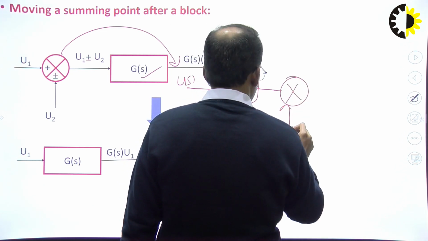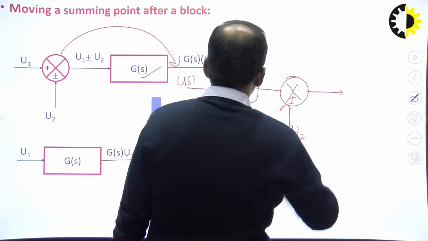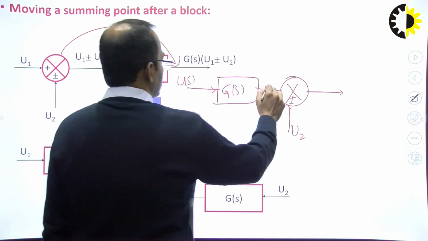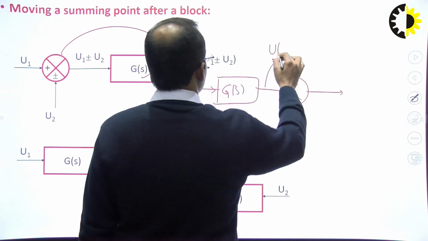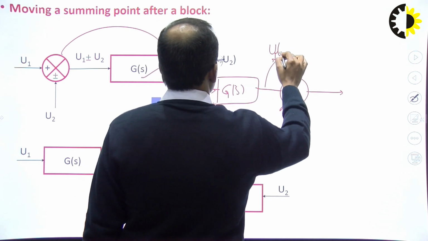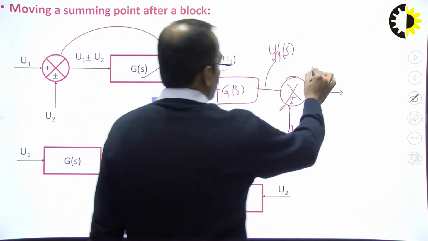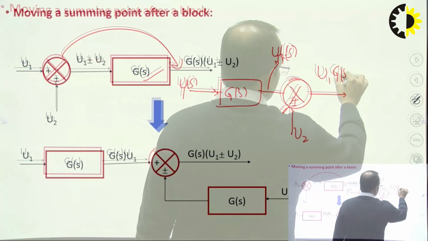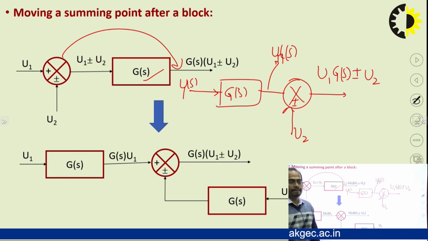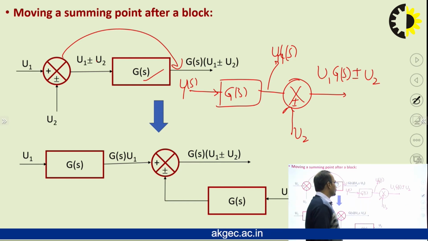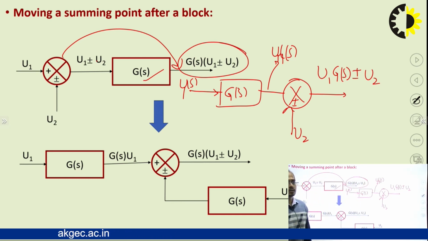If I am moving the summing point here, then what will be the output? The output for this block is U1 GS, and then U1 GS plus minus U2. This will be the output, but the desired output is GS into U1 plus minus U2.